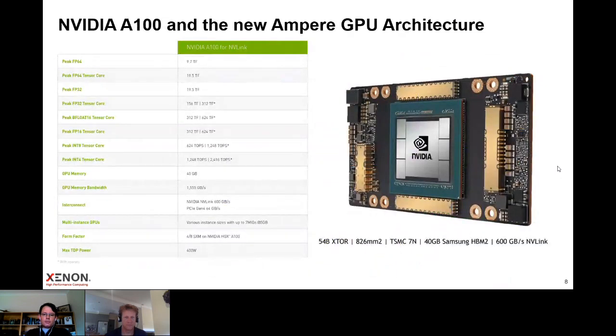So just to review the specs here, for high-performance compute and scientific applications which use double precision, the performance has now increased to 9.7 teraflops. With the use of the Tensor cores, this essentially can be doubled again to almost 20 teraflops.